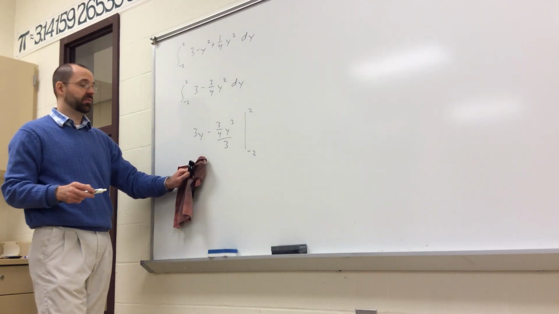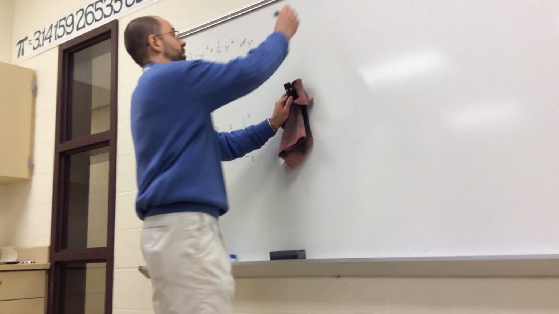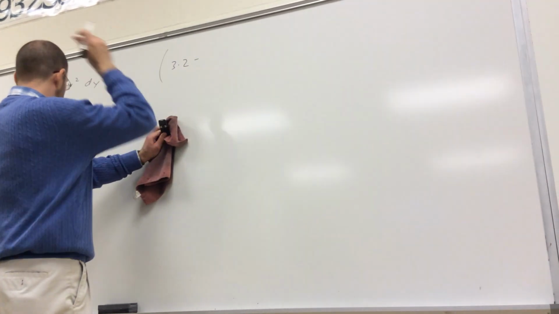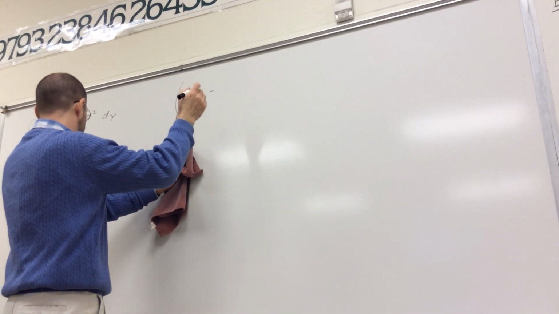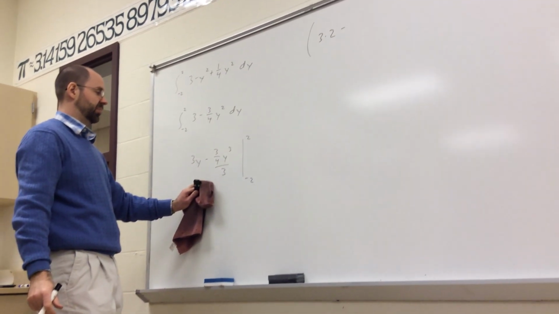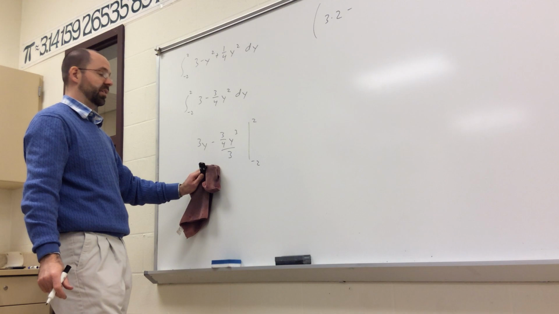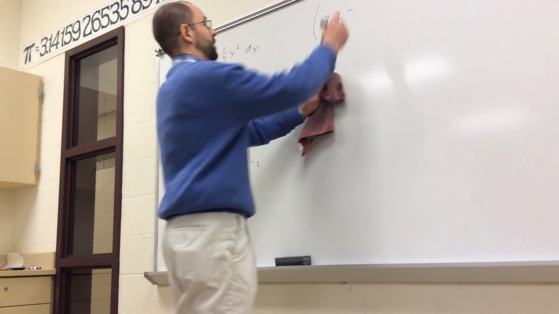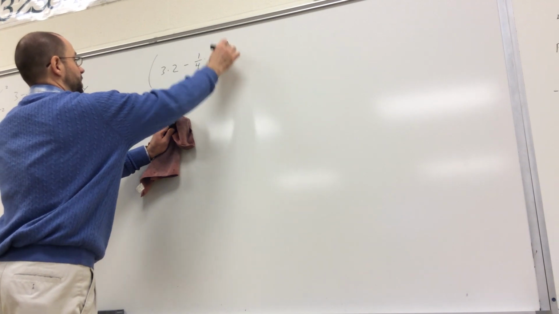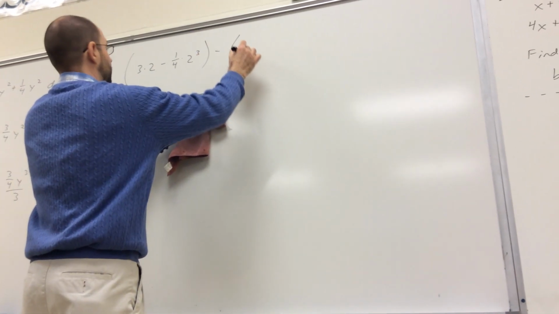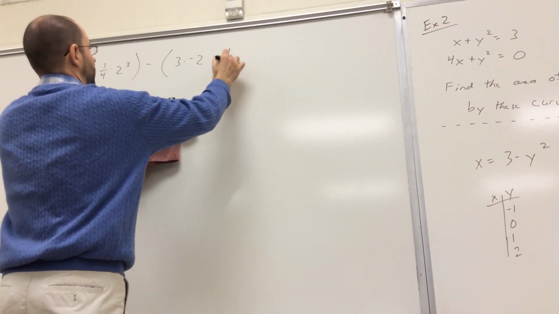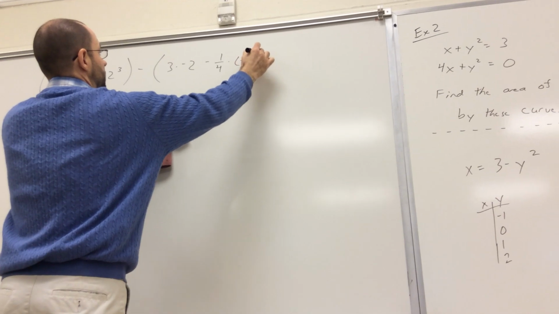And then you plug in 2 and -2 and subtract. So that's 3 times 2 minus 3/4 divided by 3 is, dividing by 3, yeah, that's going to give you 1/4. Good. So 1/4 times 2 cubed, minus 3 times -2, minus 1/4 times -2 cubed.